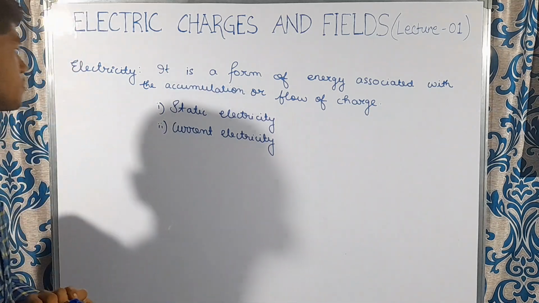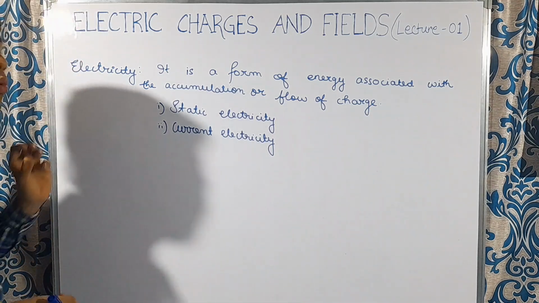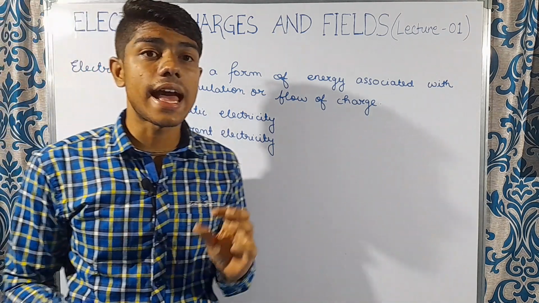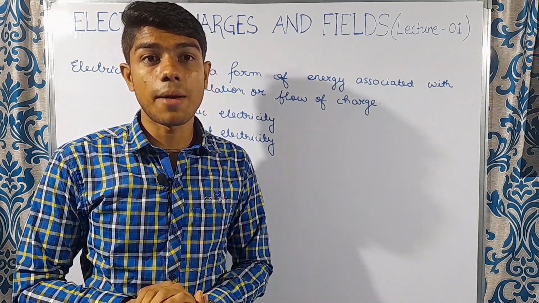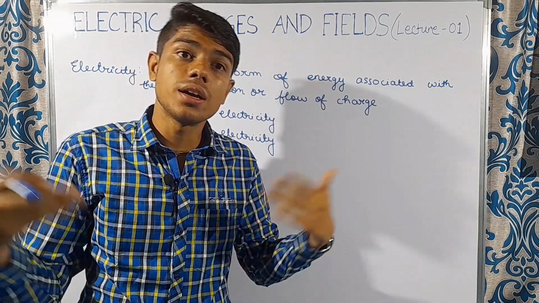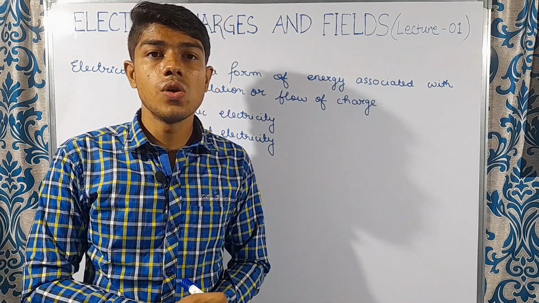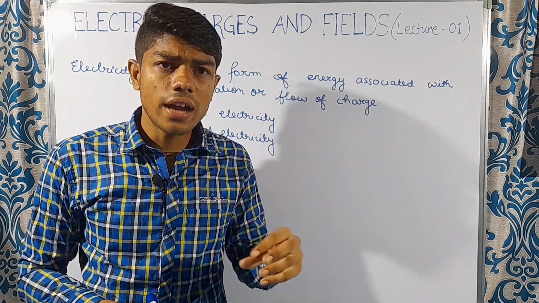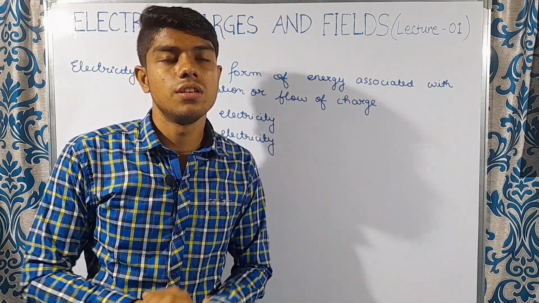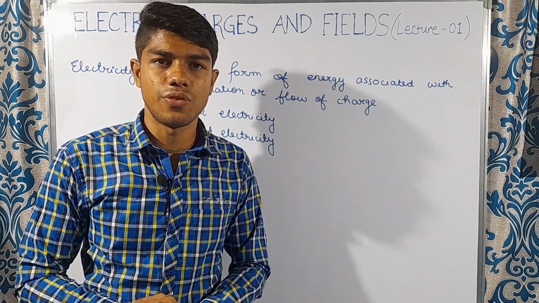Okay. So now, whenever charges get accumulated in a body, the body can apply force on other bodies. Also, it can create a region around itself where it can exert its influence, which is known as electric field.